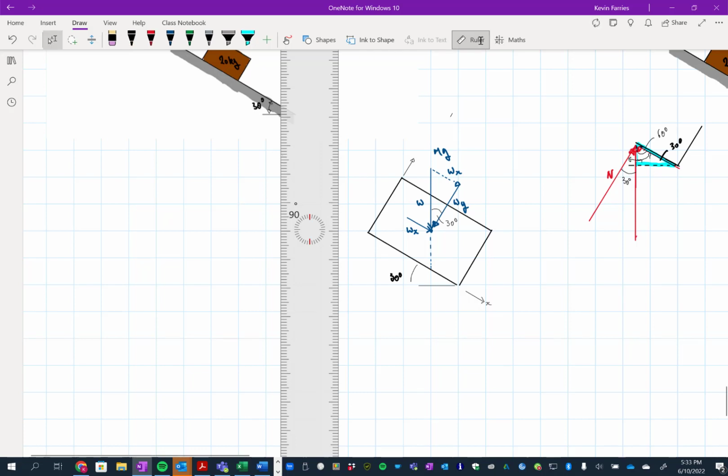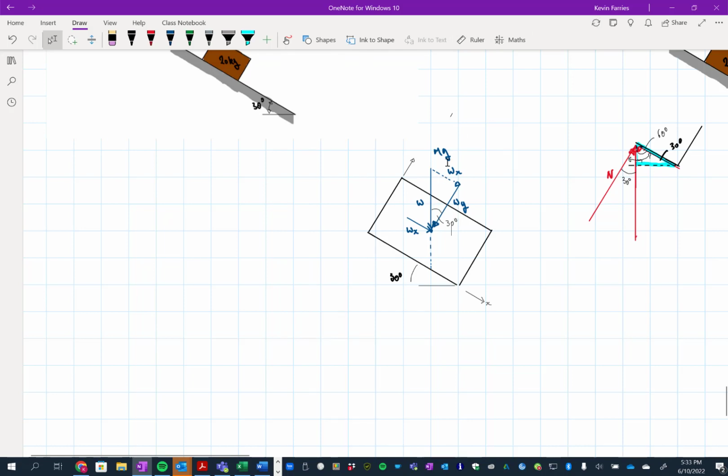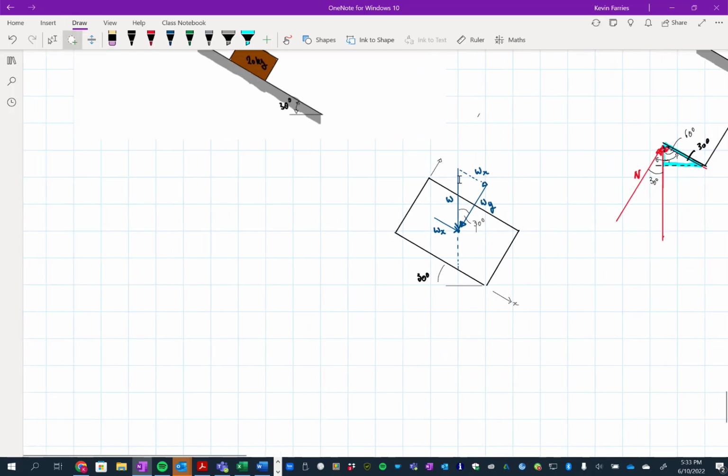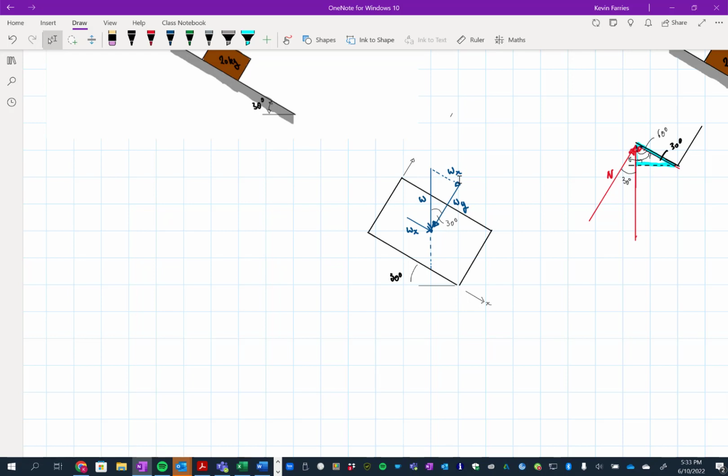Okay, so now we're going to figure out the components of that weight. So let's figure those out. W, the component of the weight in the x direction, is just equal to weight times sine 30 degrees.